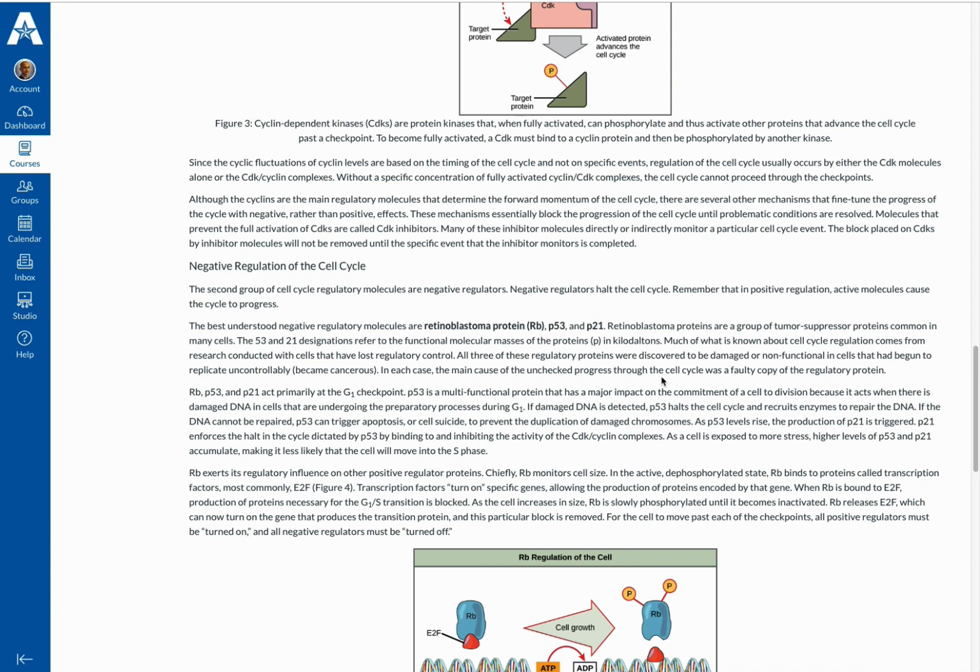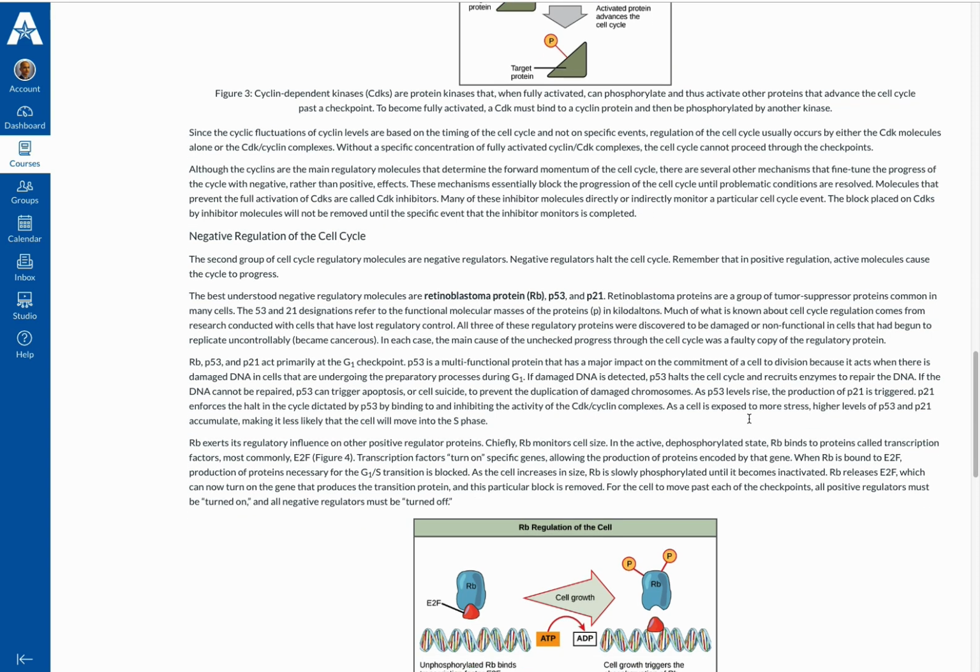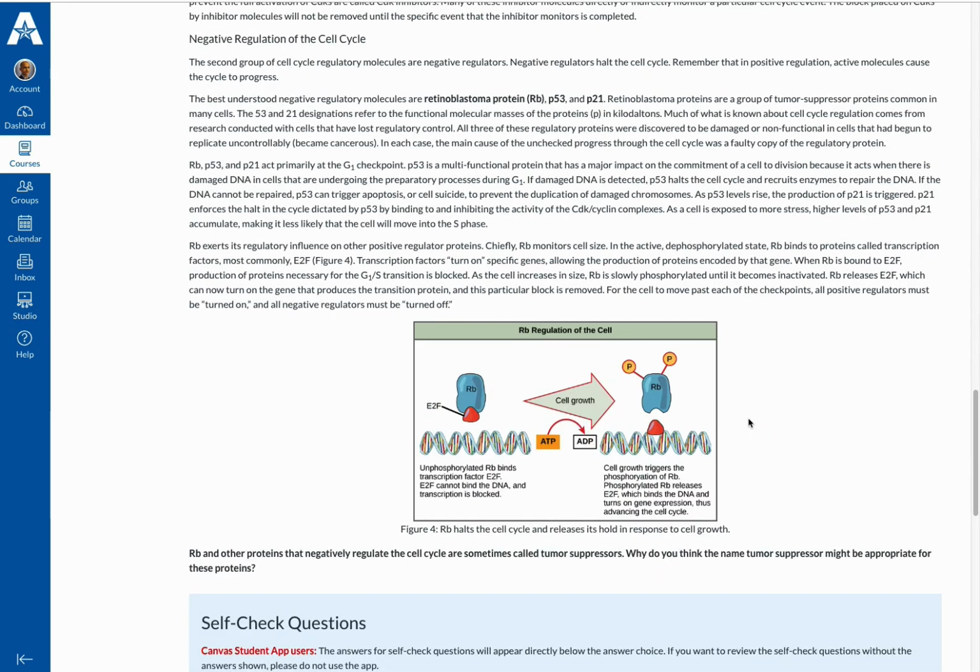They work in the G1 checkpoint, and if they detect damaged DNA, P53 can stop the cell from dividing and attempt to repair DNA. If it's not able to repair DNA, it can actually cause the cell to kill itself, because we don't want cells with damaged DNA to replicate.